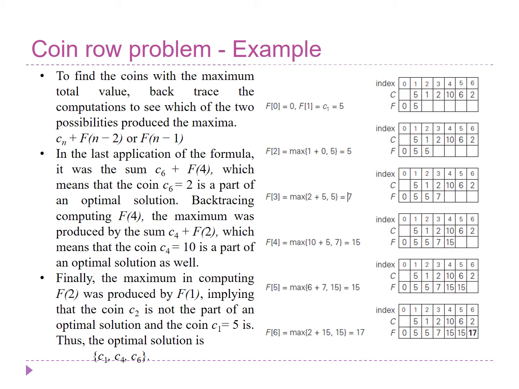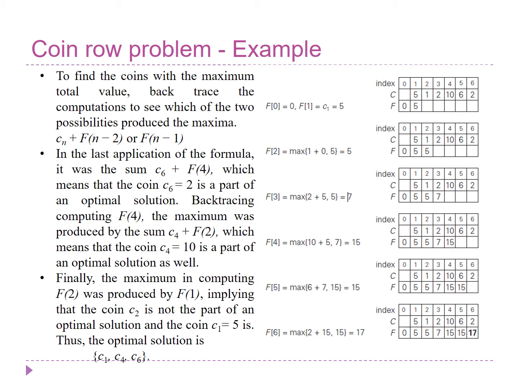Calculating f of 5, which is c suffix 5 plus f of 3 and f of 4, which equals 15. Here the maximum value is f of 4, which is 15.